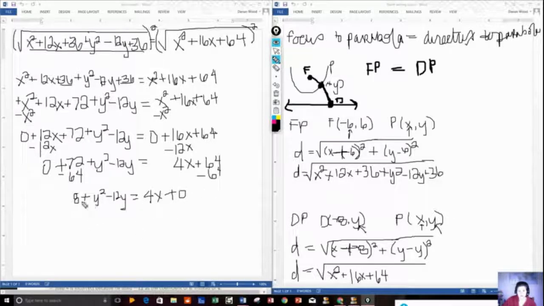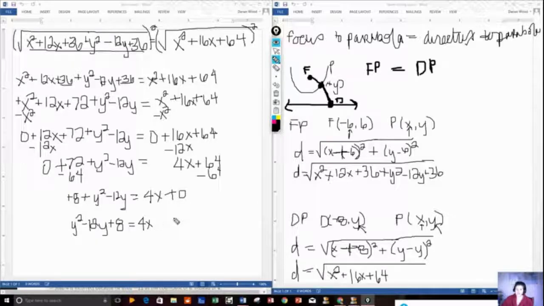Then we're going to rearrange this because the constants, or the numbers, usually are at the end. So we have y squared minus 12y. Do I connect this by addition or subtraction? Well, the 8 is positive, and so it would be an addition sign. And that equals 4x plus 0, which is just 4x.